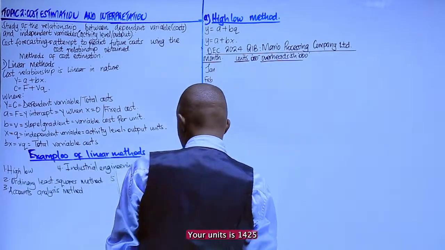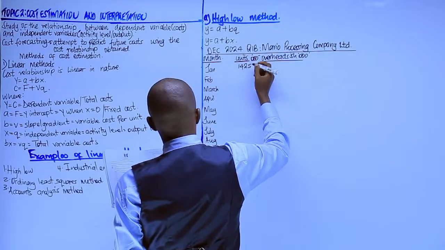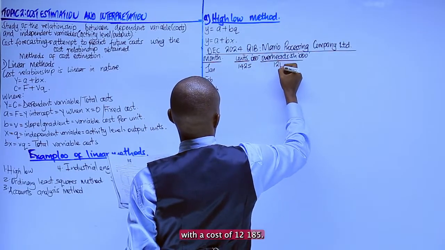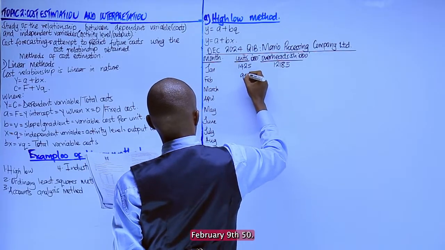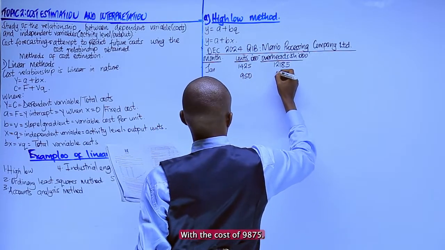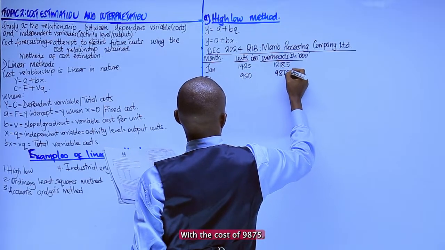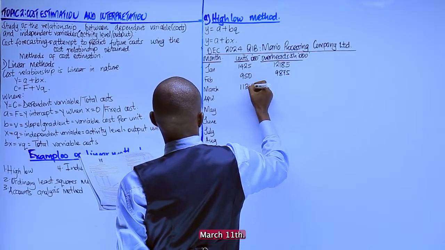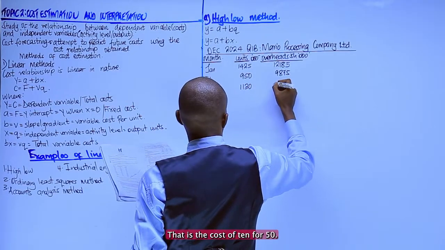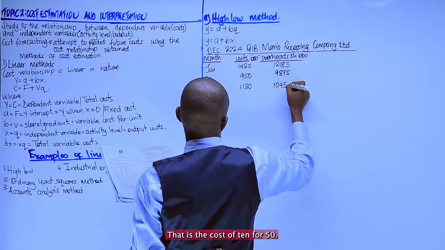Your units is 1425 with a cost of 12,185. February 950 with a cost of 98.75. March 1130 with a cost of 10,450.